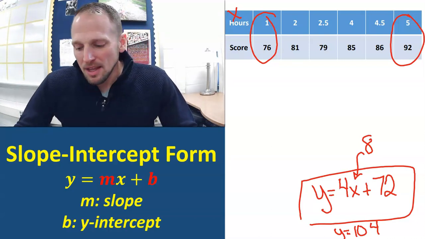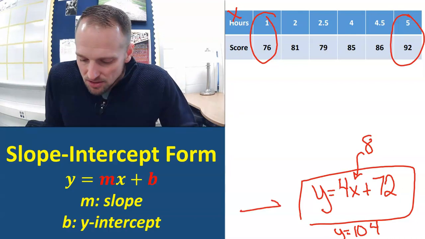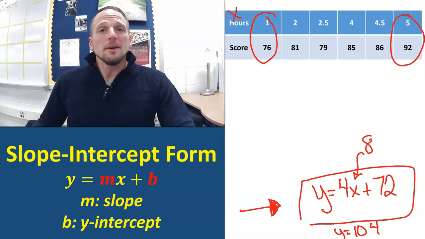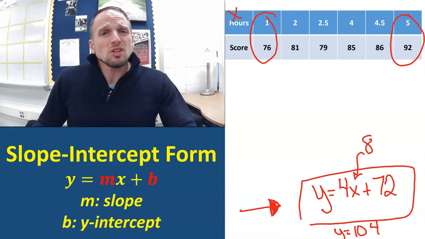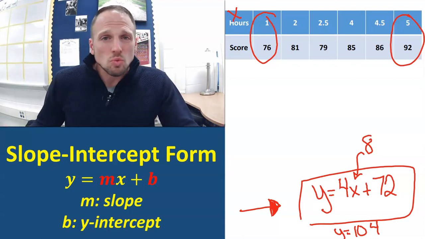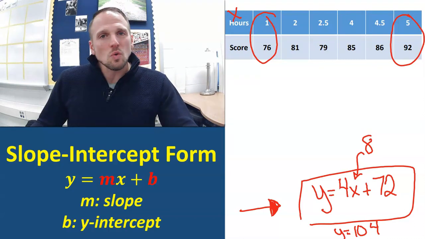So does this equation work for giving us some good estimates on what your score will be if you study a certain amount of time? Yeah, it does. But it's just a predictor and it's not going to be exactly right. And in this case, the estimate that it gives us for 8 hours is just wrong because we can't score that high.